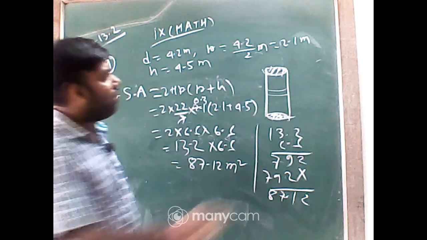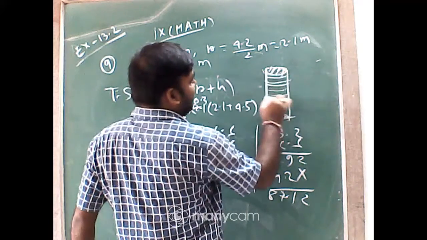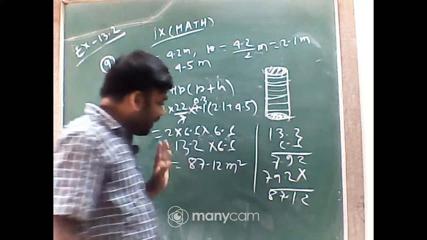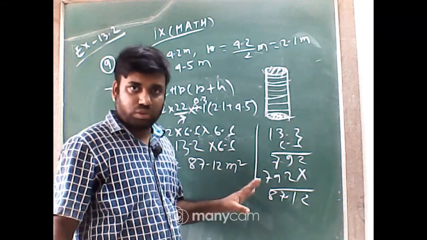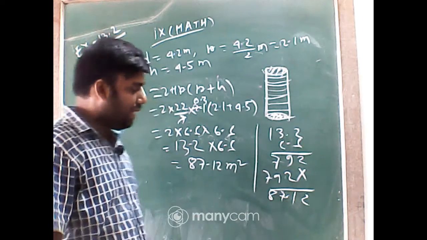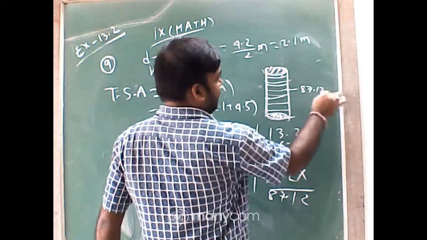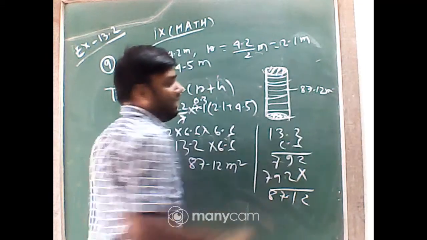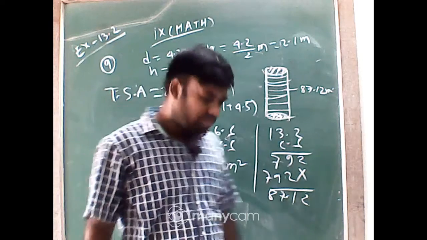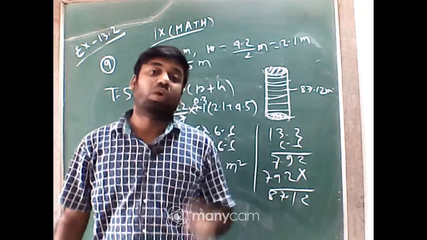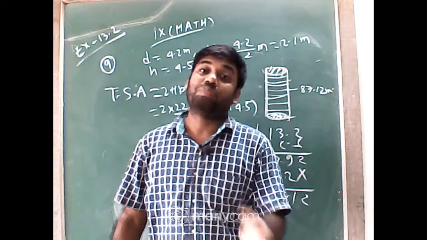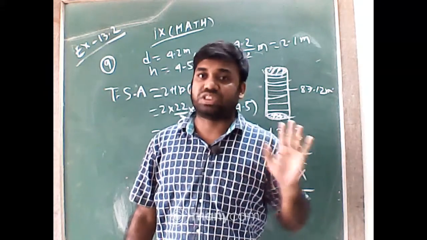So area of the cylinder is 87.12 meter square. Okay. Now students, listen one thing. It is the surface area of that amount meter square. That amount of steel is here. But it is also given that 1 by 12 part of the steel is wasted.